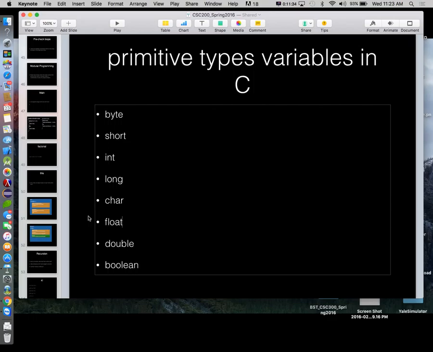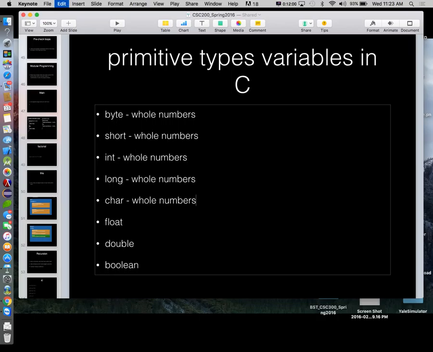But in our historical languages, and through to our modern languages, because they've all inherited this, we have all of these different variable types built into the language for types of values that we can hold. To talk about each of these, a byte holds whole numbers. A short holds whole numbers. An int holds whole numbers. A long holds whole numbers. A char holds whole numbers. And then these guys down here hold decimal numbers.